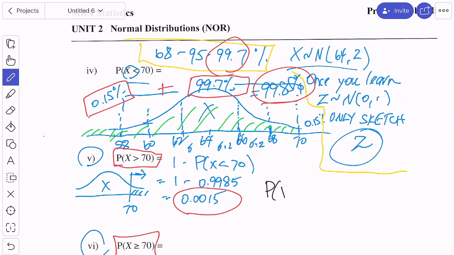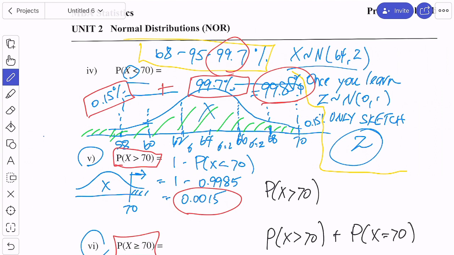For this one, it's greater than 70, and for this one, it's greater than 70 plus X equal to 70. That's what that symbol means. But since for a continuous distribution this is going to be just 0, there's no density at a point, only in a range of values, that means that those two results are the same. Any questions?